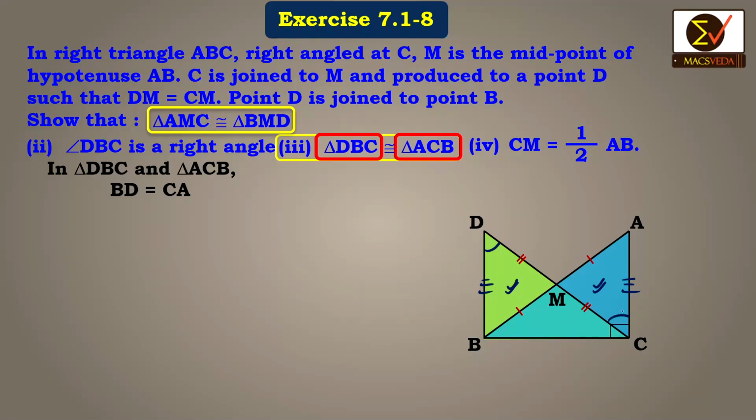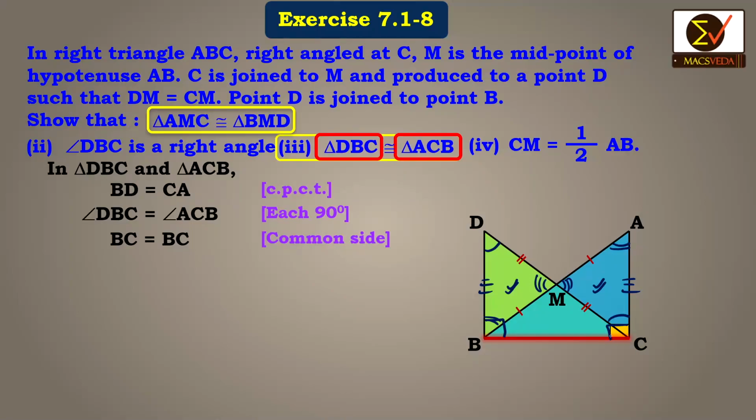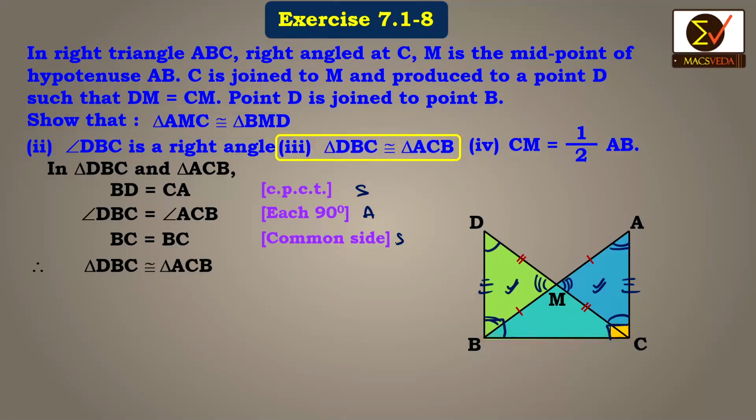Then we know angle DBC is 90 degrees and angle ACB is 90 degrees. And we also have a common side, that is BC, which is common to both the triangles DBC and ACB. So, by side angle side criterion, triangle DBC is congruent to triangle ACB.